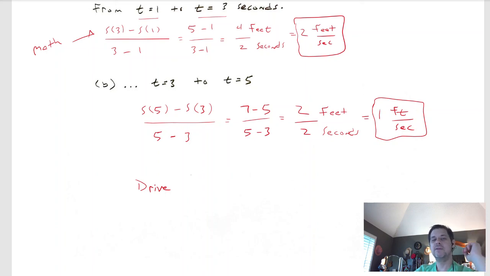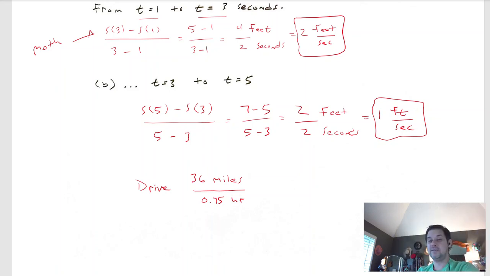At that time, I lived pretty far from school. I drove 36 miles to get to school, and it took me 45 minutes, which is 0.75 hours. Now, notice if I treat this like that up there, and I divide these numbers, I get leftover units of miles per hour.